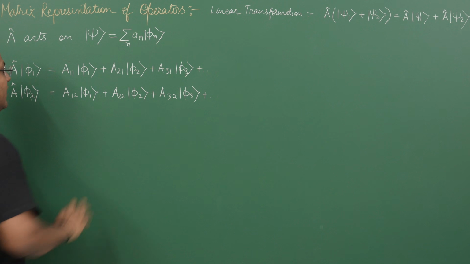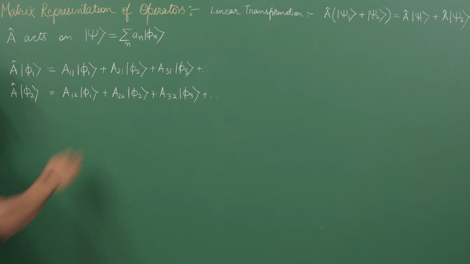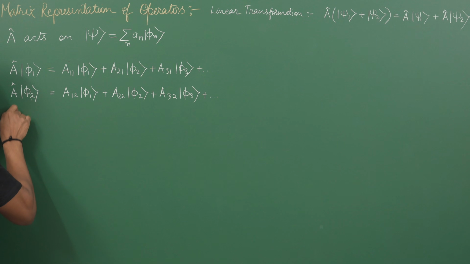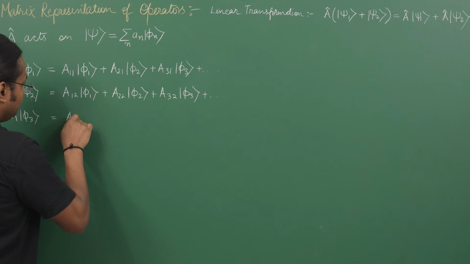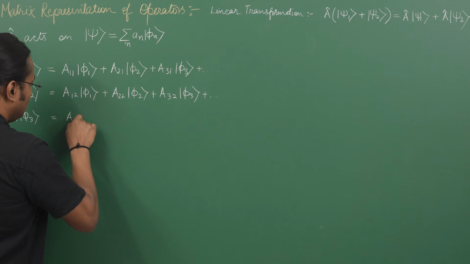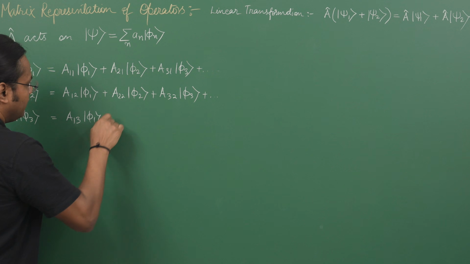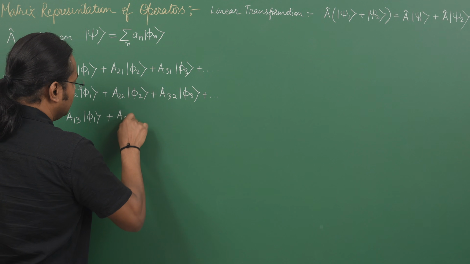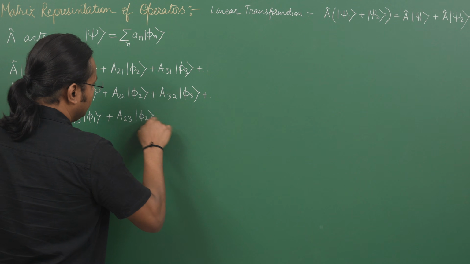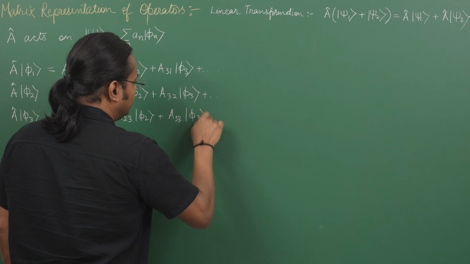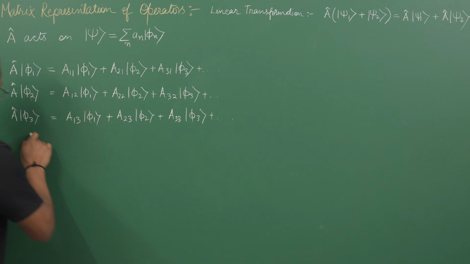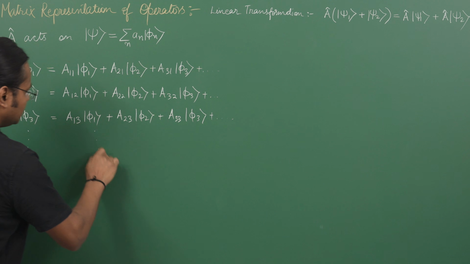Okay, it could be a finite dimensional as well as an infinite dimensional space. So accordingly, we will have that many number of terms. A hat acting on phi 3 is going to be equal to A13 phi 1 plus A23 phi 2 plus A33 phi 3 and on. Similarly, you will have a large number of terms depending upon the nature of the system.